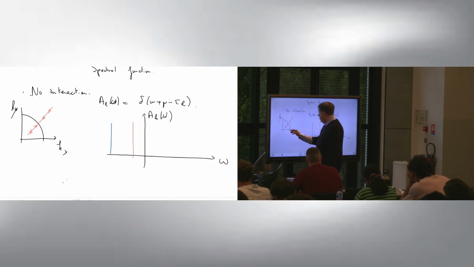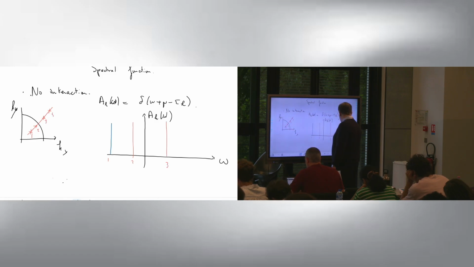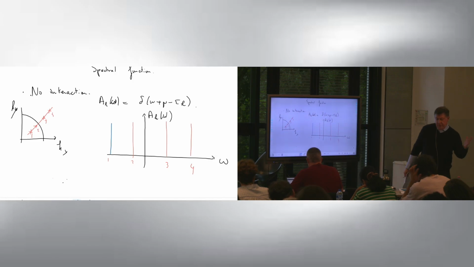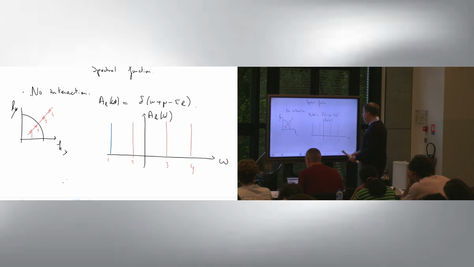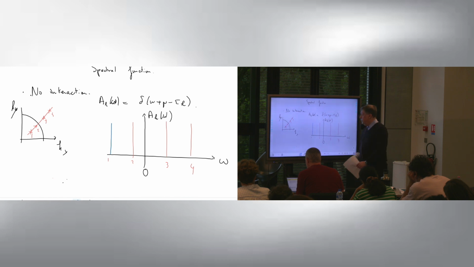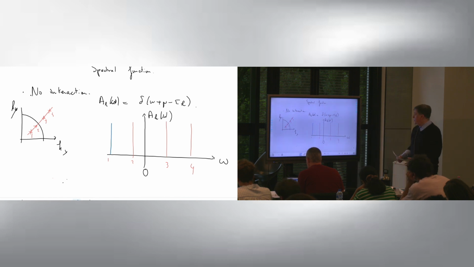So 1, 2, 3, 4. If I change the position in the Fermi surface, I will have one peak that will cross the Fermi level here at omega equals 0, as it should. Well, that's a non-interacting case.